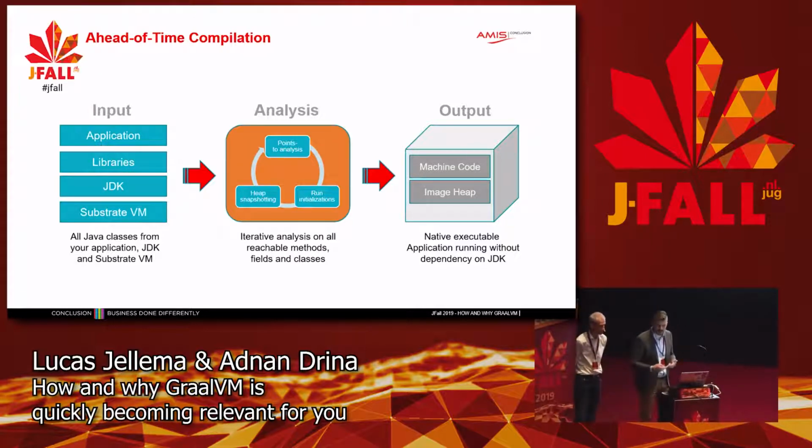This is also the reason why we're now able to run a Java application in 2 milliseconds. All of your application is already compiled and initialized before you run it, which is different from just-in-time, where we are doing the optimization while we are running it.